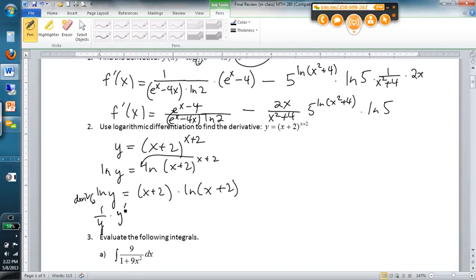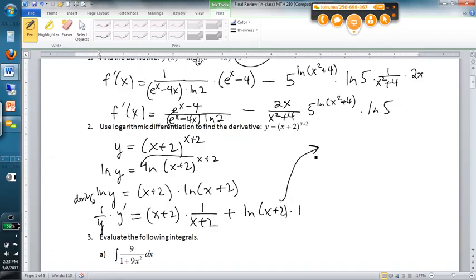Now, the right side would be product rule: the first times the derivative of the second, where the derivative of the ln of x plus 2 is 1 over x plus 2, and then the second times the derivative of the first, which is just 1. Remember what we do after that?